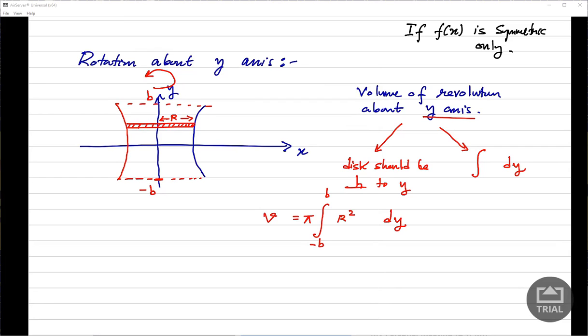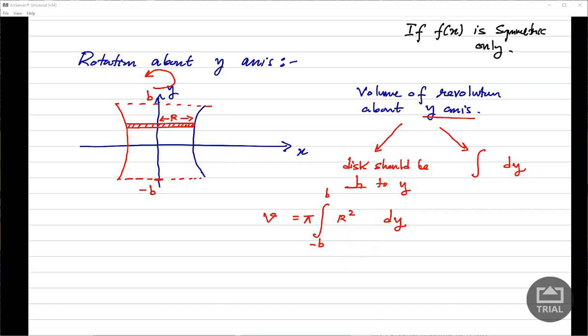So you have to find r, right? This is an example, so we have to use our common sense to understand what r would be. You are integrating with respect to y, so it is common sense that this r should be a function of y.